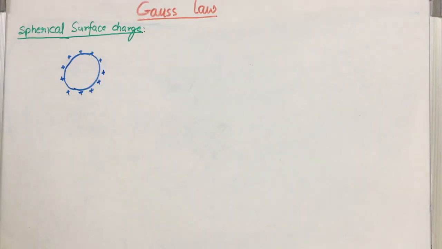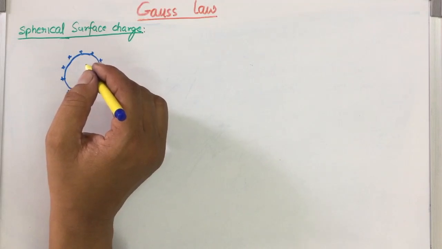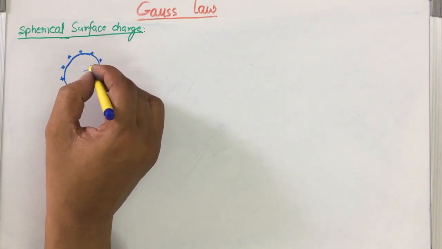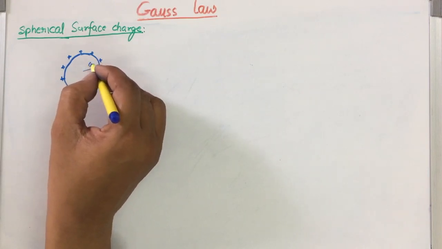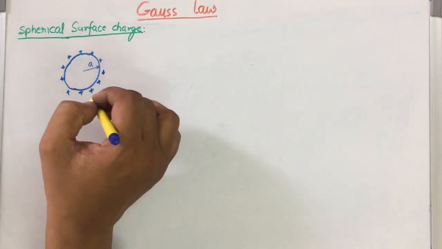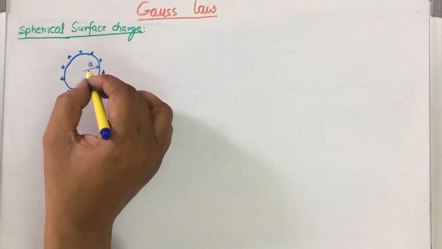So in this case we can find the Gaussian surface will be spherical also. We can consider the radius as A. This is the radius of the spherical surface of the charge distribution.